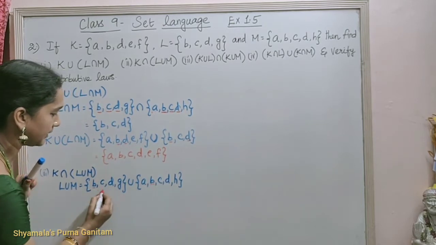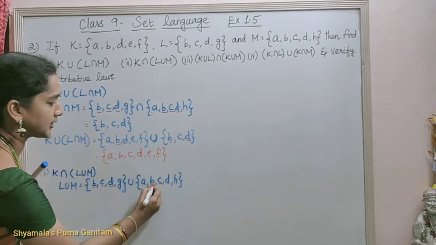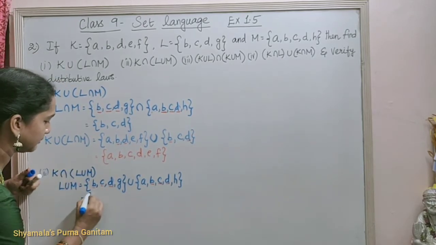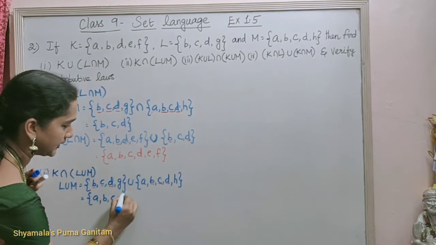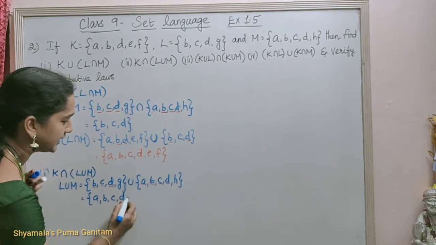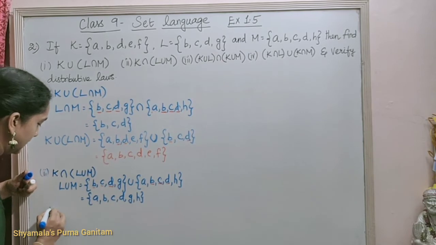So B is common, C, D is common. So these are the elements that are common to both the sets. So L union M is A, B, C, D, and then G, H. So this is L union M.